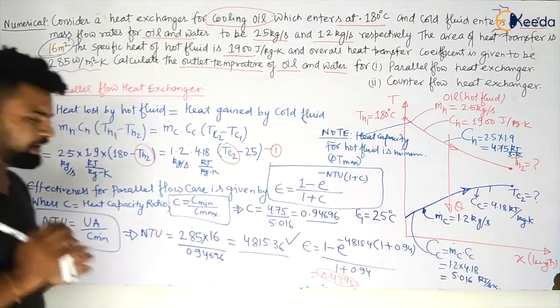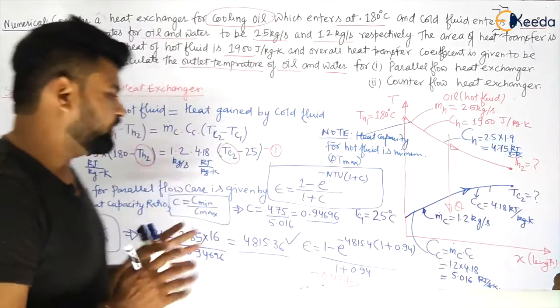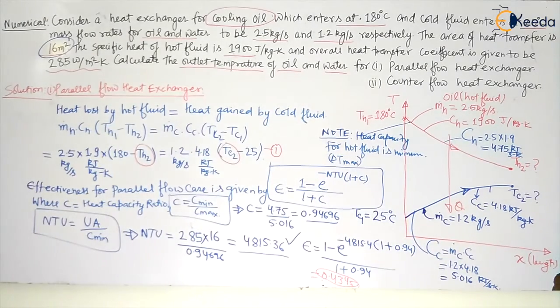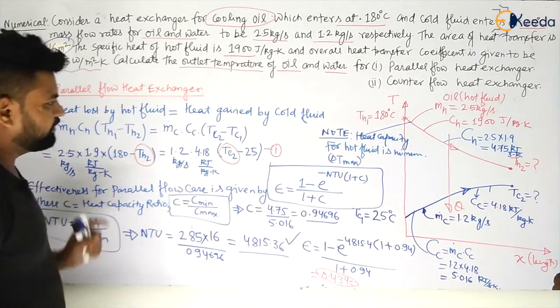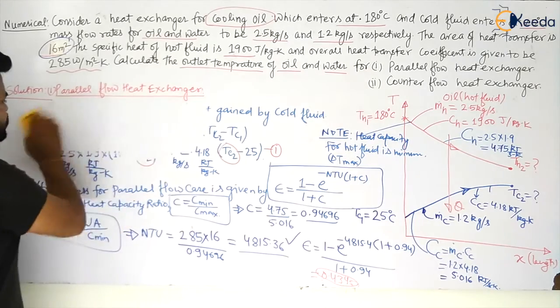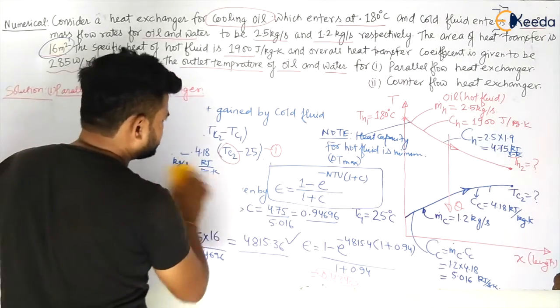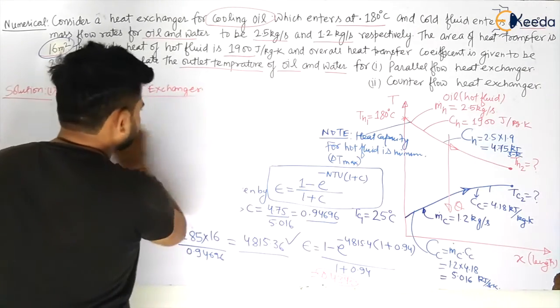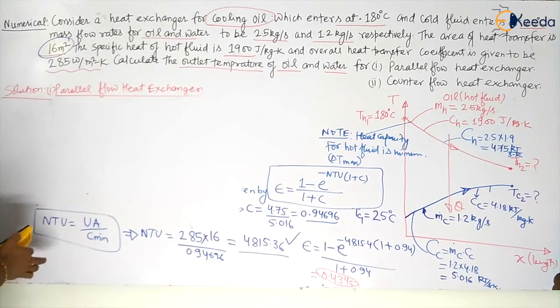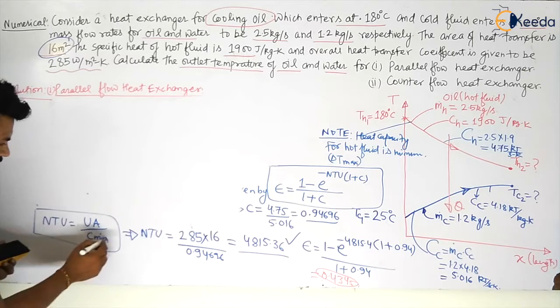So can I calculate the outlet temperatures now? Let us calculate the outlet temperatures. Now I can easily calculate them, but that is not your C minimum.